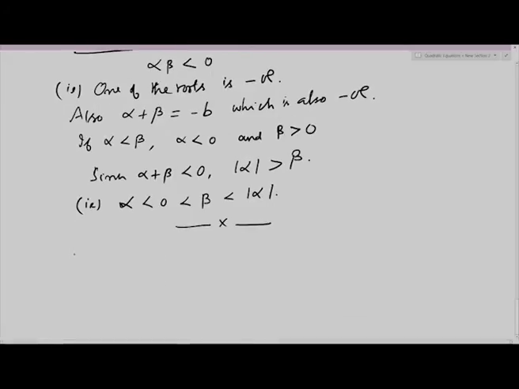This is one of the problems I have seen in a JEE paper earlier. Consider this equation: (x − a)(x − b) equal to 1. Assume that a is less than b, it is given.